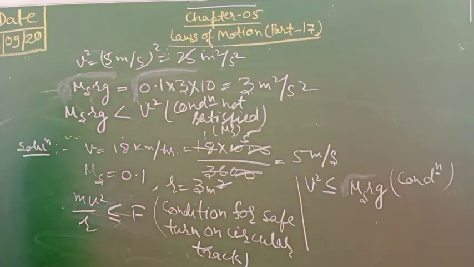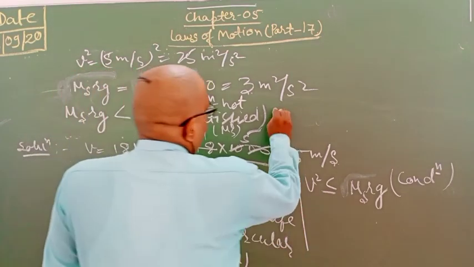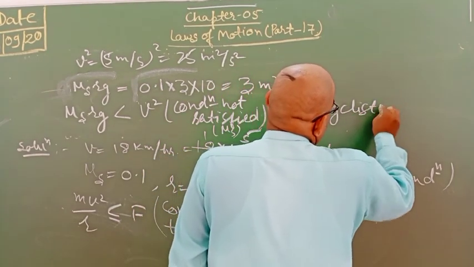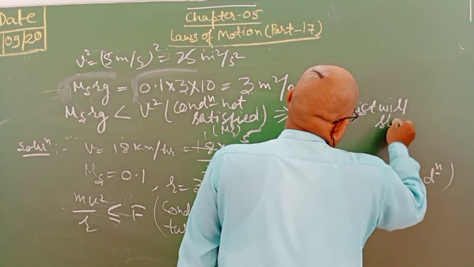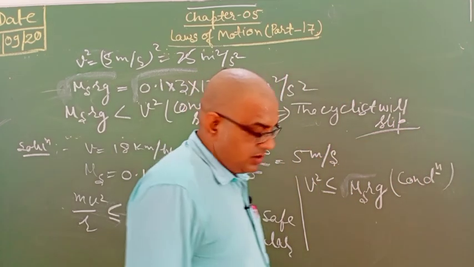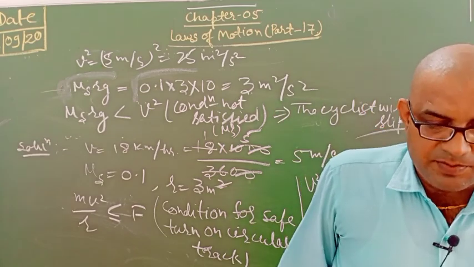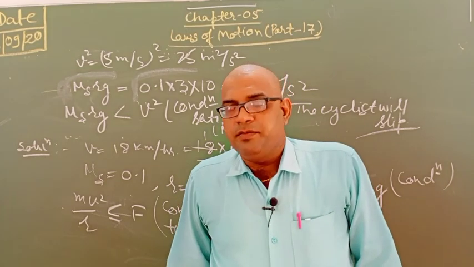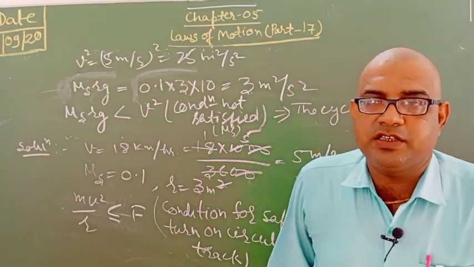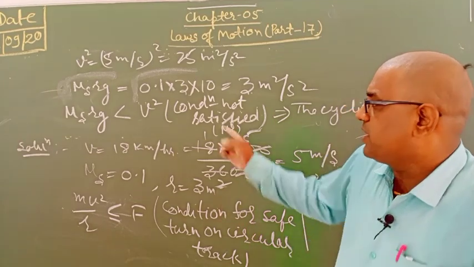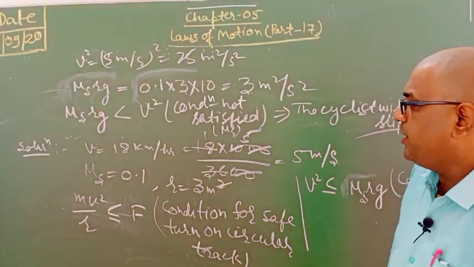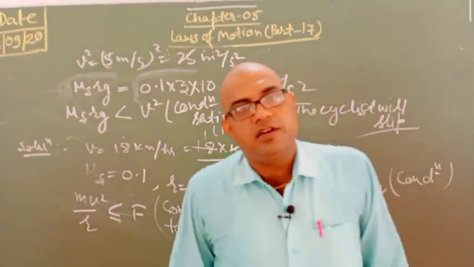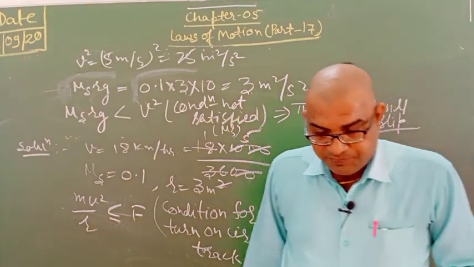The condition of safe turn is not satisfied, and the cyclist will slip while taking the turn with the speed of 18 km per hour on a circular track of radius 3 meter and coefficient of static friction 0.1. If the cyclist is turning with the velocity of 18 km per hour, then obviously that cyclist will slip on the circular track. So that's all for today, students.